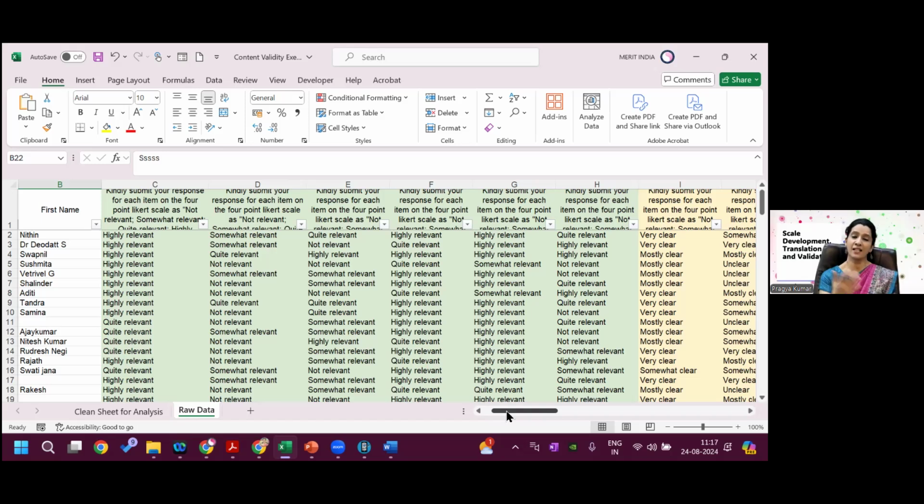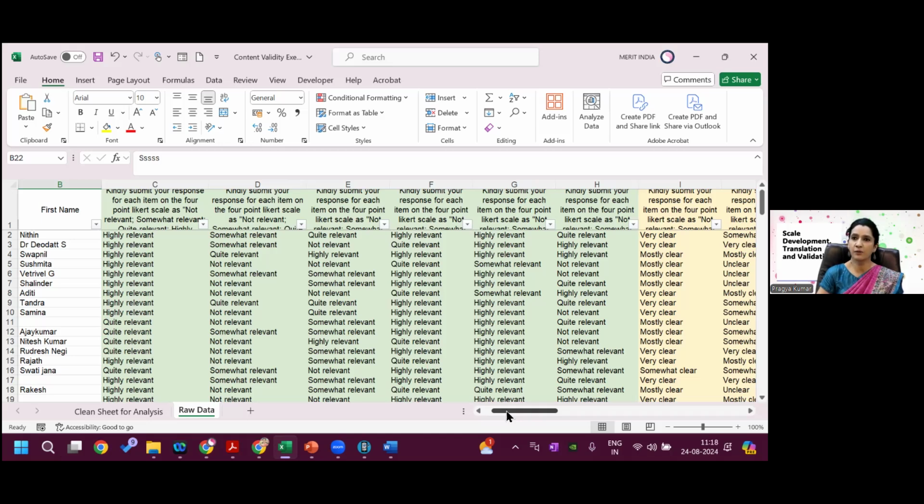Even if you send invitations to many, you will get only a few yeses, because generally we don't provide any incentive for them to be experts. It is generally on personal contact, or if you request them. There is no monetary gain, and you don't even put their name in the publication, so you will not find many people. Yes, if it is a funded project and you have some incentive, then people might be able to join your expert team.